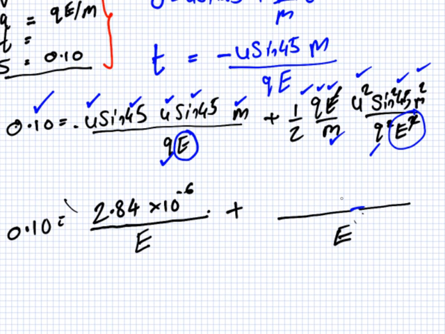Right, let's see what I get here. Yeah, great. 1.42 times 10 to the minus 6.